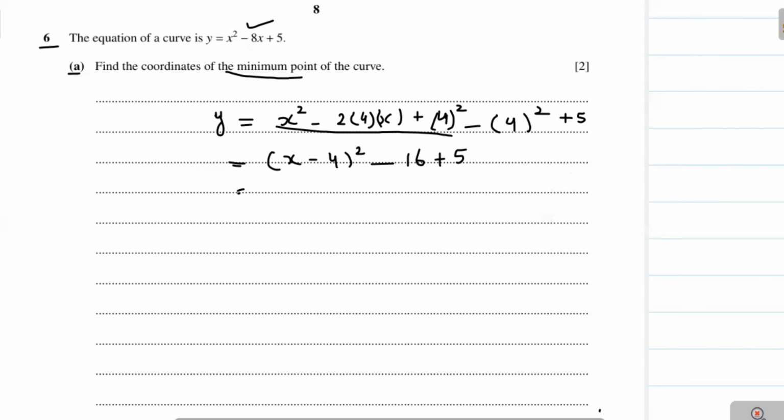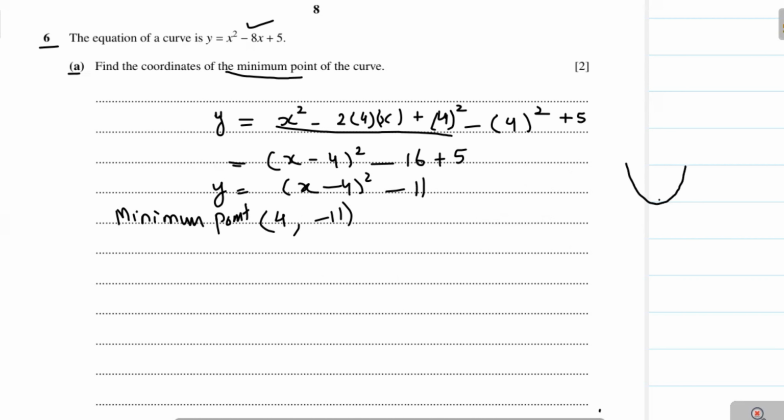Now this will be y equals (x minus 4) whole square minus 11. The minimum point will be (4, minus 11). This is the turning point of the quadratic curve, and this is the minimum value.